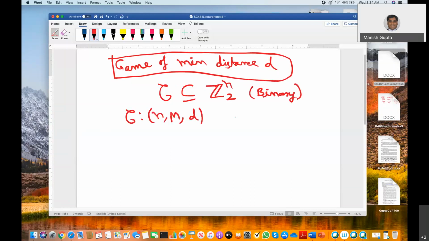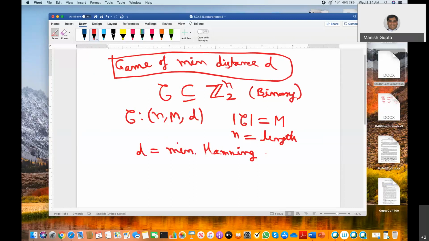The total number of code words in C is capital M, n is the length of the code, and d is the minimum Hamming distance. I think I described the Hamming distance in the last lecture. This is also denoted by d of C.